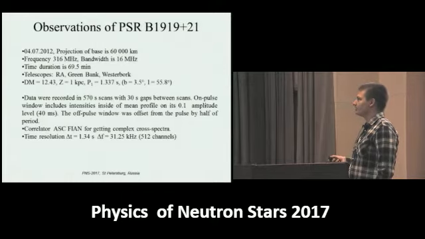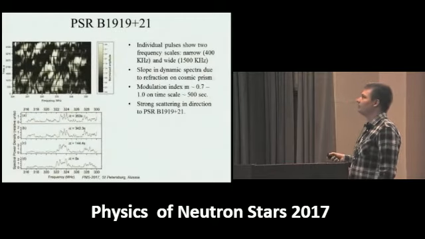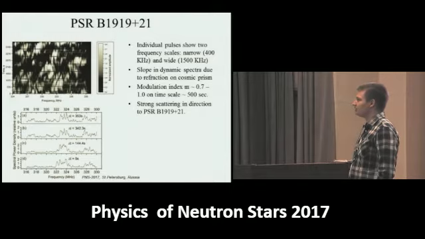Data were processed with the ASC correlator, with dispersion and gating. The correlator produced complex cross spectra and dynamic spectra of the pulsar. On this figure, you can see the dynamic spectrum of pulsar 1919, and on this picture, you can see several individual pulses.